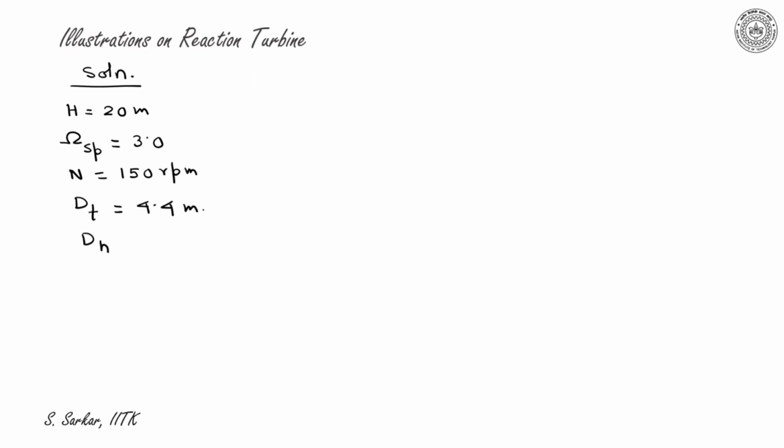Let me draw first the velocity triangle of a Kaplan turbine. So I have drawn the blade profile. It's an aerofoil construction. This U is the blade speed. Let me consider W1 be the inlet relative velocity, and W2 be the exit relative velocity.